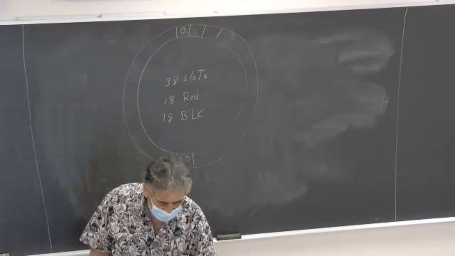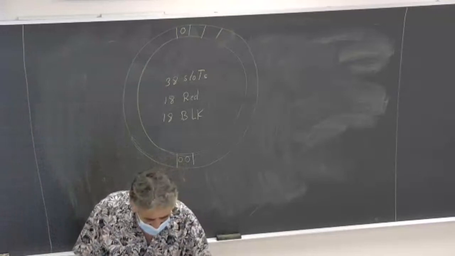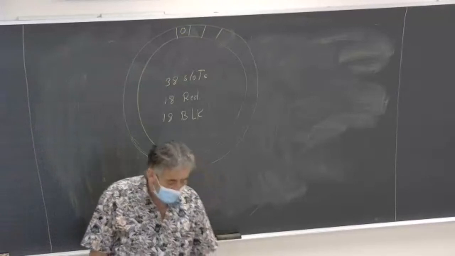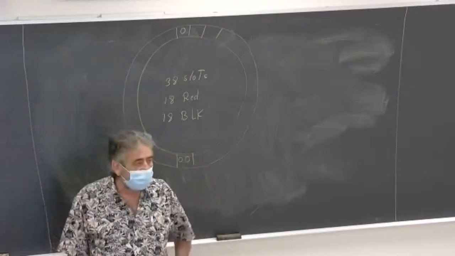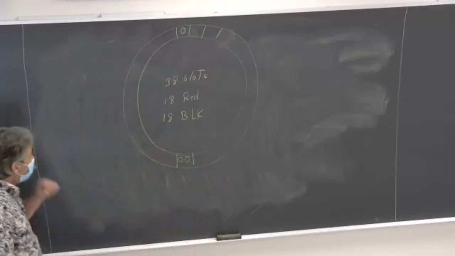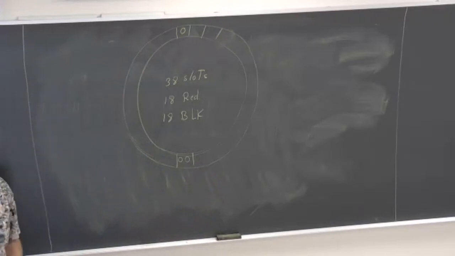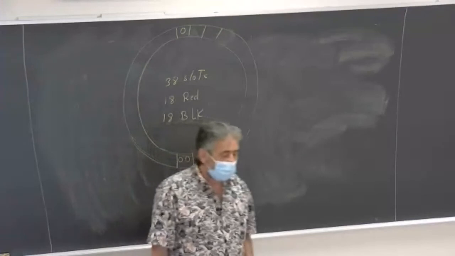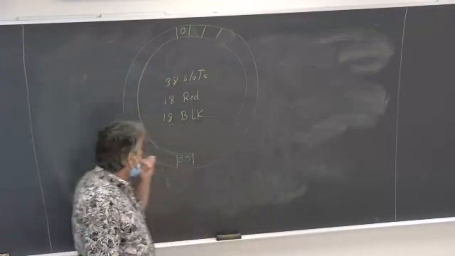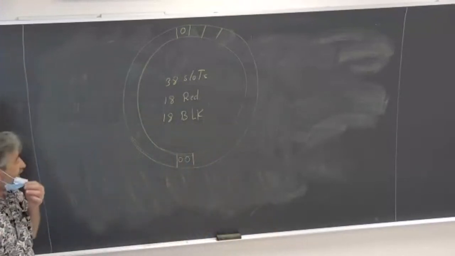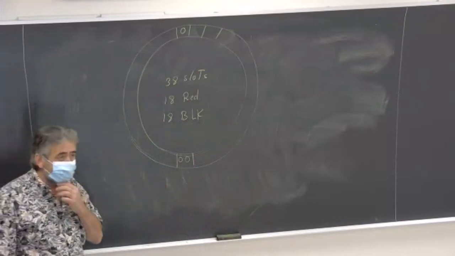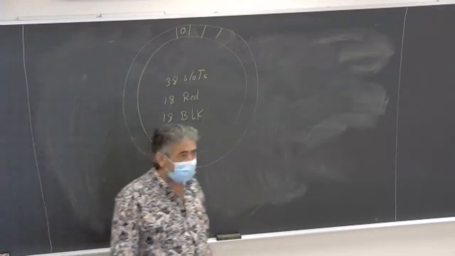If you bet $1, let's say on red, if you bet $1 on red and you win, you get your dollar back plus another dollar on top of it. Yes? And if you don't get a red, you lose your dollar. Okay?